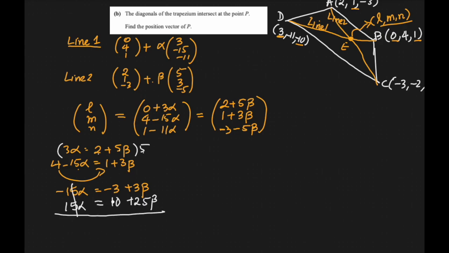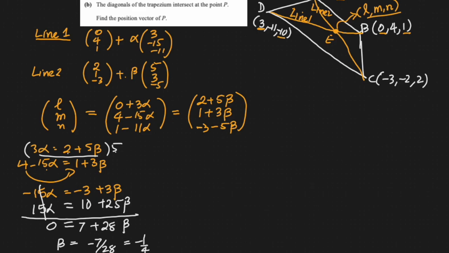So it becomes 0 equal to 7 plus 28 beta. So beta is minus 7 over 28, which is minus 1/4.